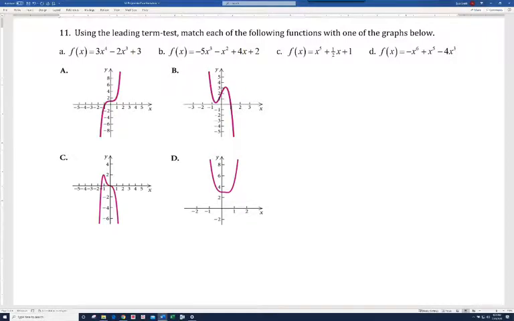All right, so on number 11, it says using the leading term test, match each of the following functions with one of the graphs below. All right. Well, let's see. On A, our leading term is the 3x to the 4th, and so we're even and we're positive.